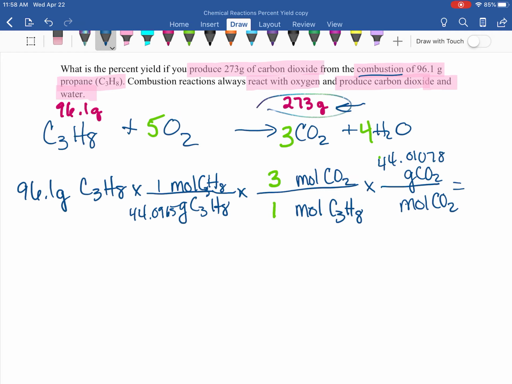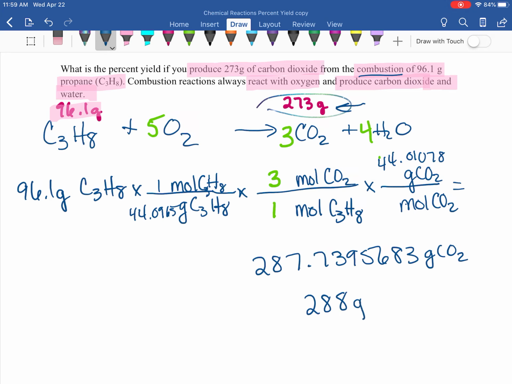Awesome. Let's put that in on our calculator. I love it. Let's take our 96.1, divide by our 44, times 3, times 44. And I get 287.